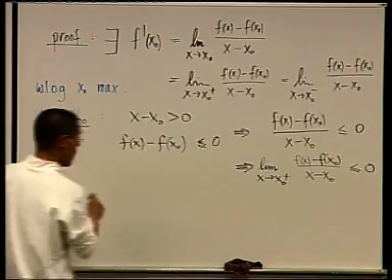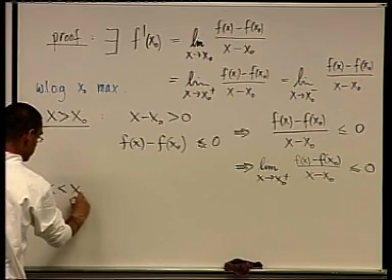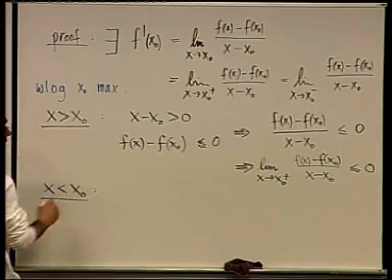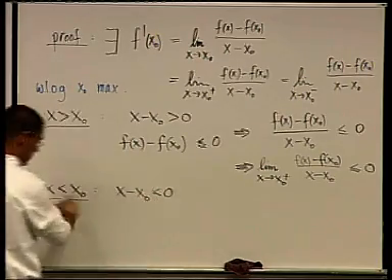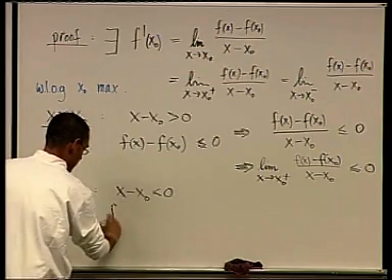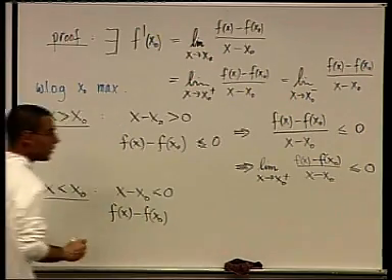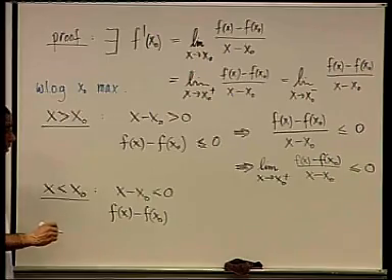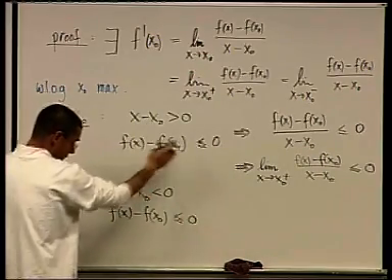What about x's that are smaller than x0? X minus x0 is now negative, right? What about this difference, f of x minus f of x0? This remains the same because we're still under the assumption that f of x0 is a maximum.